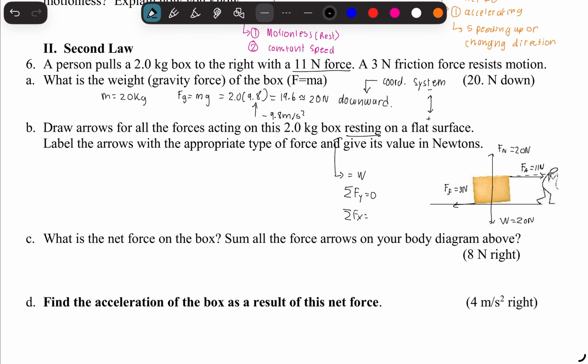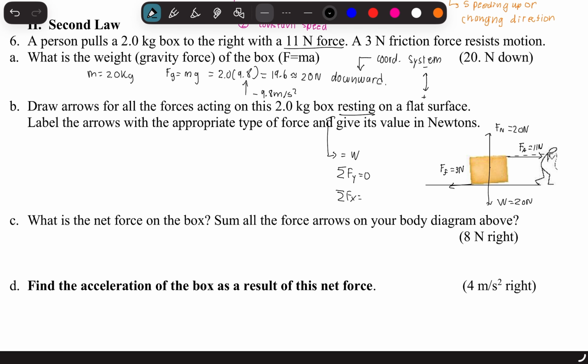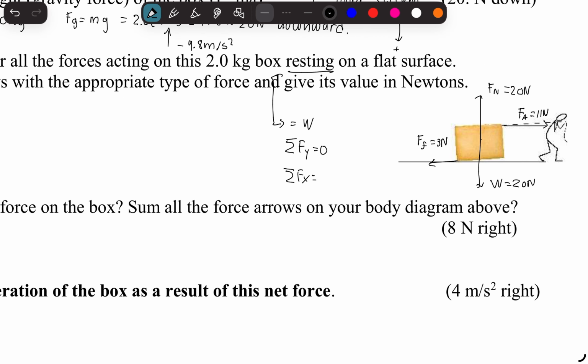The problem says the person pulls, it does not necessarily say that it's accelerating or that it has a constant velocity. So we can assume that the net force is not equal to 0. So we know that FA has to be greater than FF. That's important that you mark, because it's accelerating right. It's moving right.